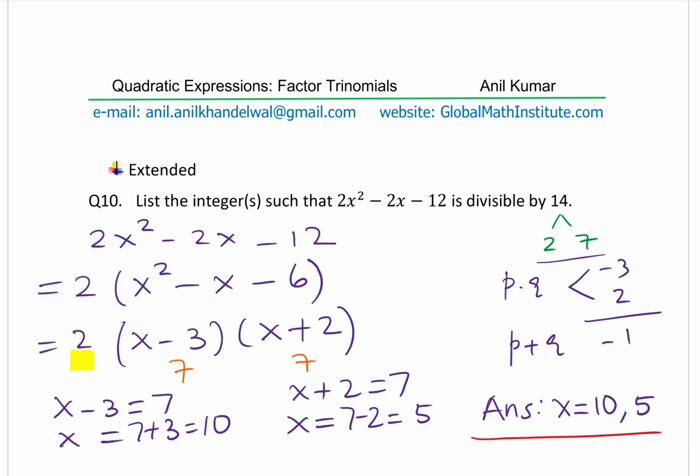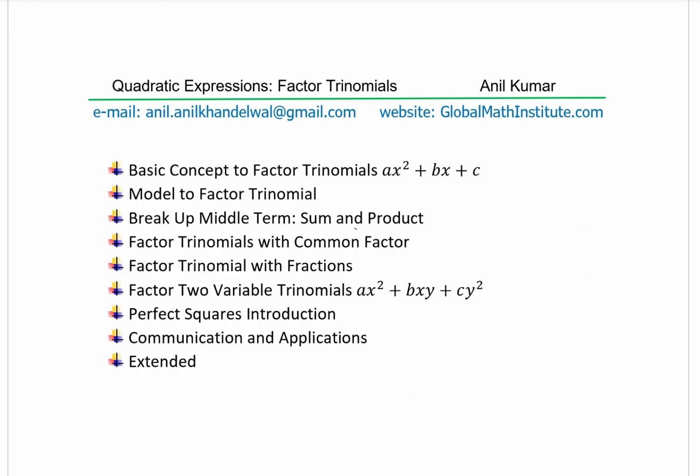So we come to an end to this topic on quadratic expressions. I hope you understand and appreciate what we have done to understand trinomial factoring. We took the form ax squared plus bx plus c and modeled it with the help of rectangular algebra tiles. We break up the middle term to really factor the trinomials.